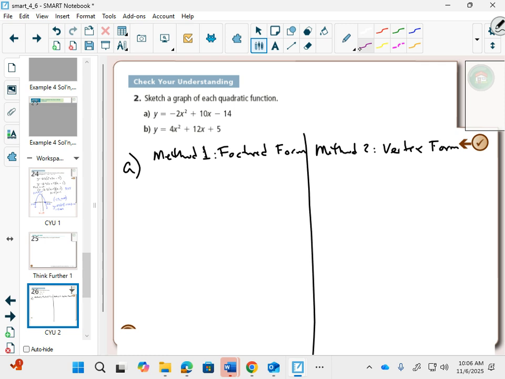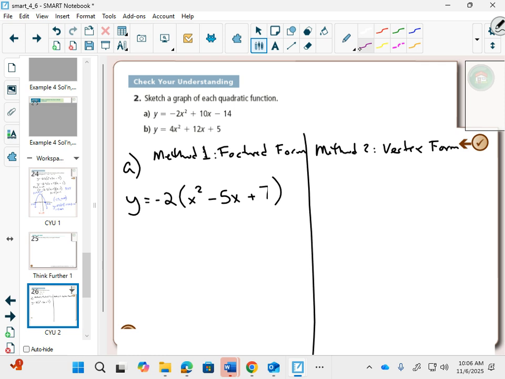So if I'm going to use the factored form, first I'm going to take a -2 out of everything, which leaves me with x squared minus 5x plus 7. Does it factor? Okay, we can't even use factored form.